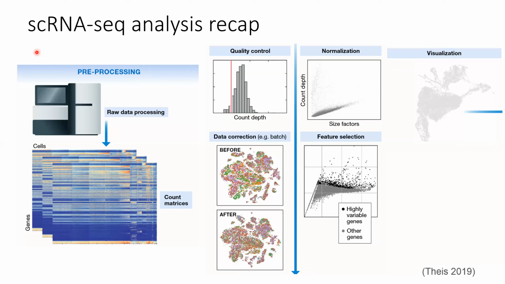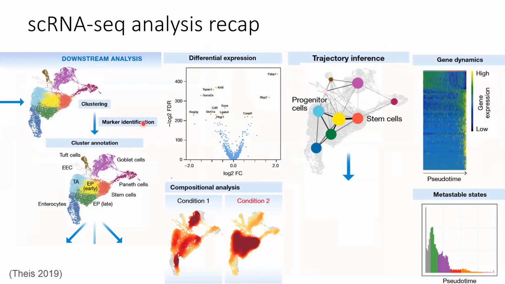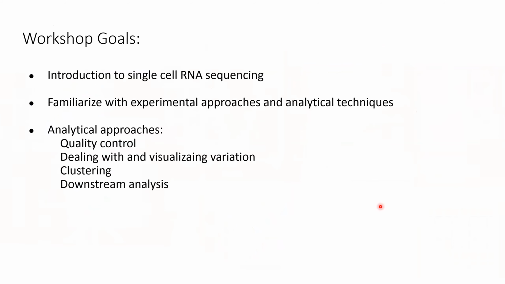Okay, so to recap, we've gone through the entire single-cell RNA sequencing data acquisition and analysis pipeline. Ideally, you have a better understanding of what clustering can and cannot do in recovering specific cell types from your data, and how you might go about identifying different kinds of cell types and attempting to interpret this extremely high-dimensional data.